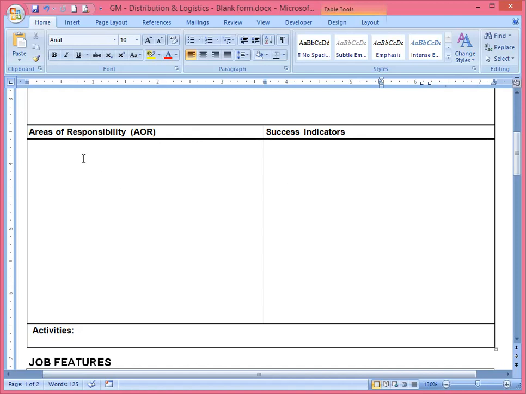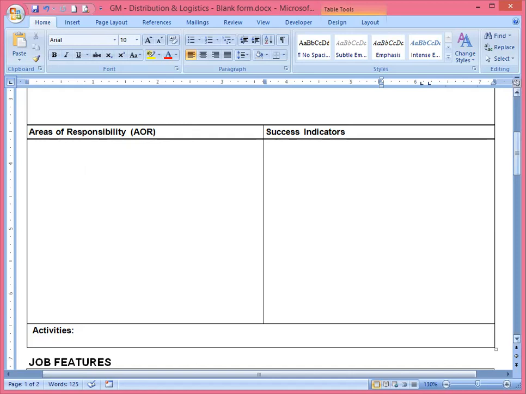Then for the area of responsibility that you have written here, you have to write also the success indicators. So you have to specify what makes this area of responsibility a success, and it must be measured, and the measurement will be here on the success indicators.